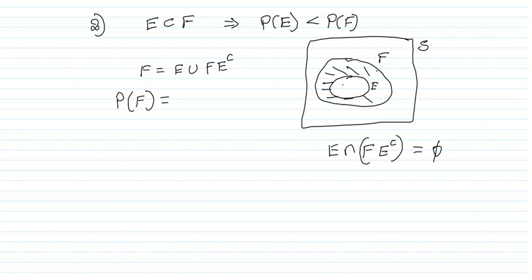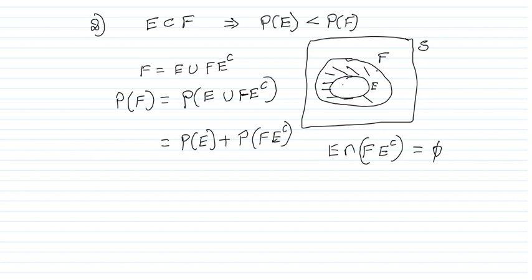Since they are disjoint, I can write their probability as a sum. So this is P of E union F intersection with E complement. Since they are disjoint, I can simply write it as P of E plus the probability of F intersection with E complement.